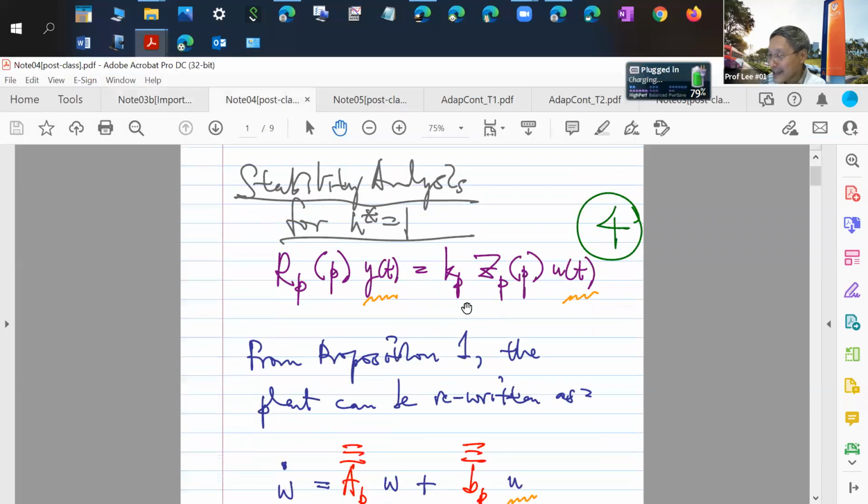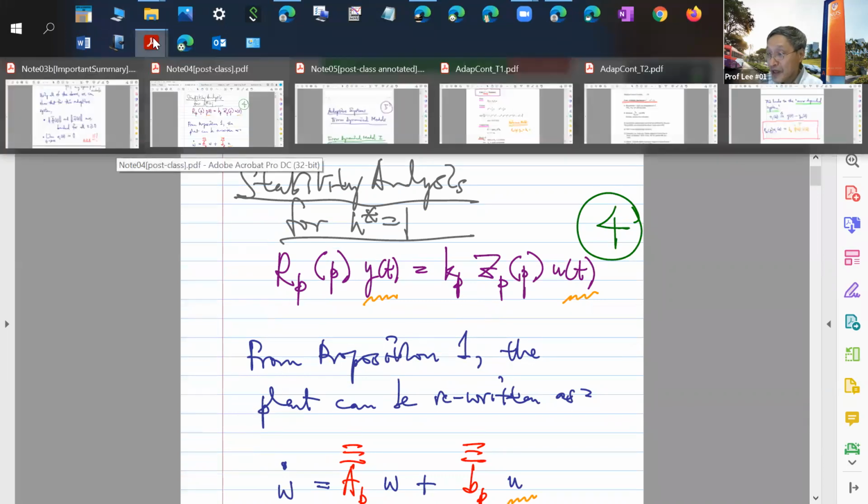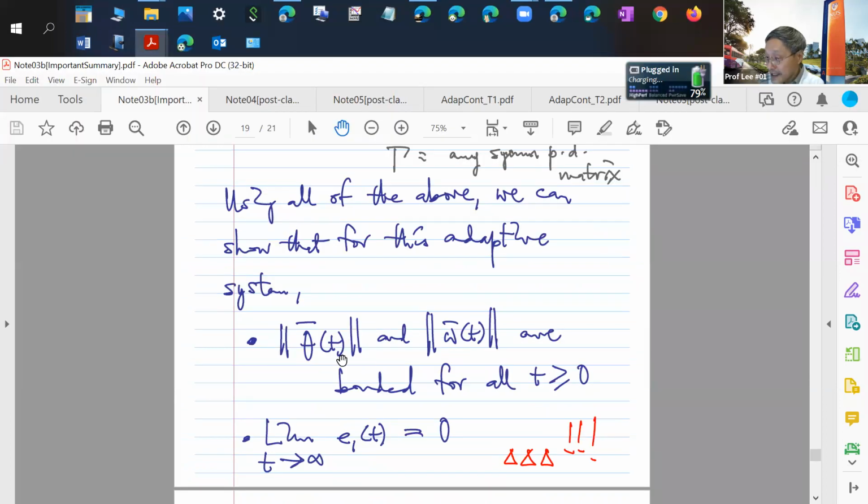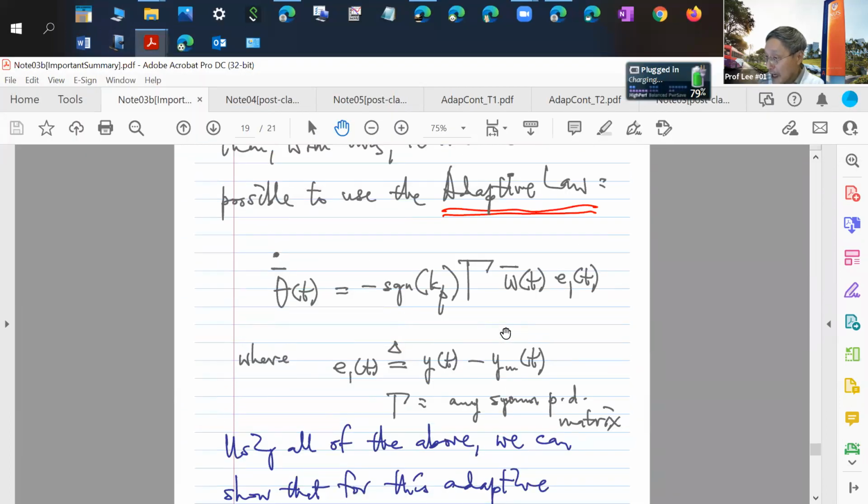Where we said, now consider specifically the case with relative degree equals 1, where the adaptive law for the system, because relative degree equals 1, you have to set up your reference model with relative degree equals 1, and your adaptation will become like this. So this is the adaptation that you will use.